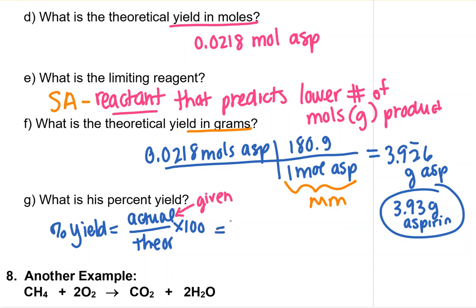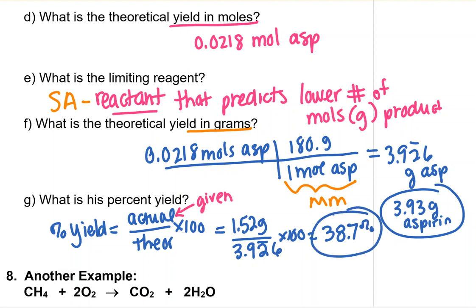So we had 1.52 grams in the problem statement, divided by this theoretical yield. Again, I had more digits in my calculator. Okay, and that's my percent yield.